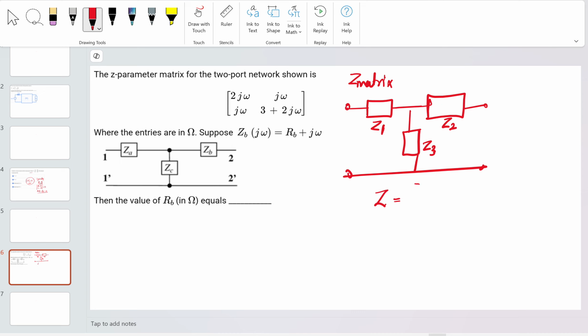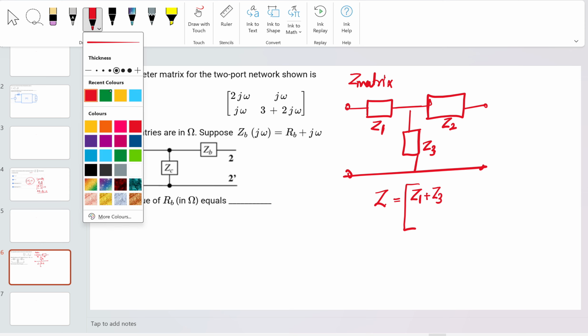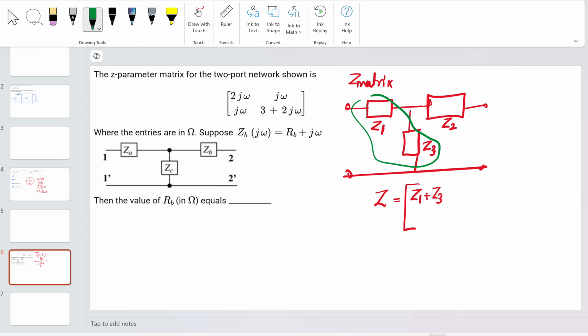The diagonal elements will be summations: Z11 is Z1 plus Z3, and Z22 is Z2 plus Z3. For the off-diagonal elements, just write the value in the vertical direction, that is Z3, Z3. This is the one hint. Try to solve it.